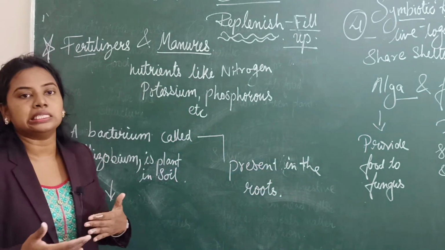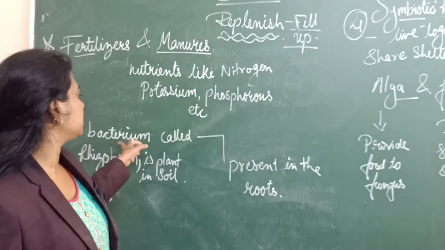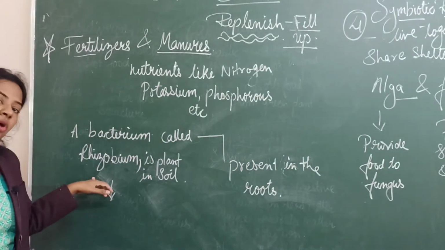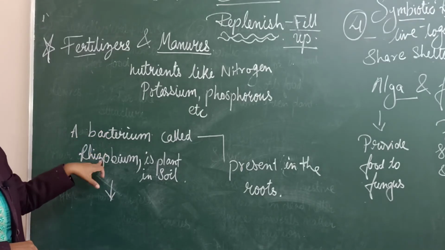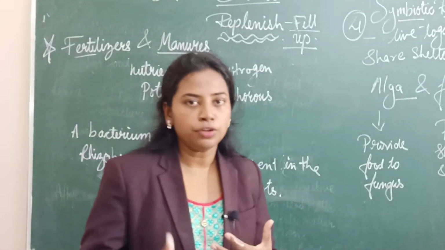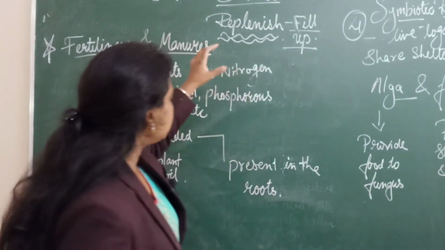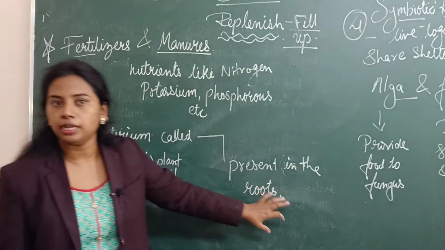This process is called the leguminous process, and rhizobium is present there. Rhizobium is a bacterium present in the root that is beneficial for plant growth.